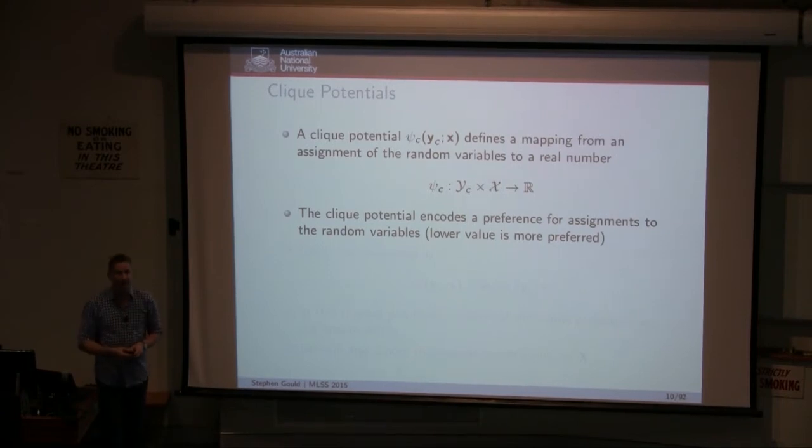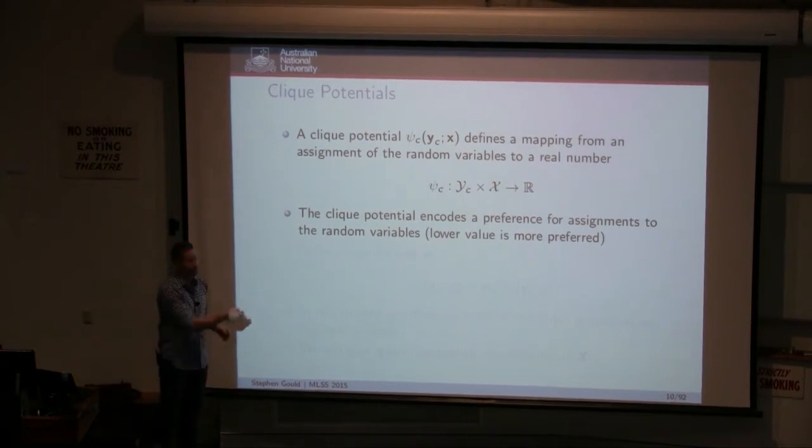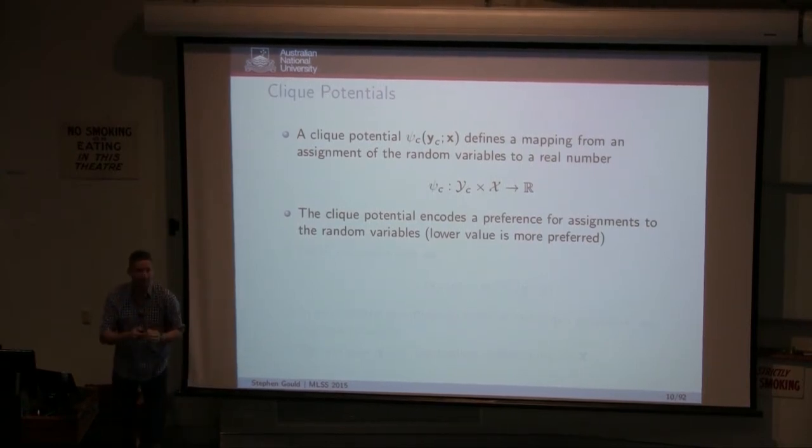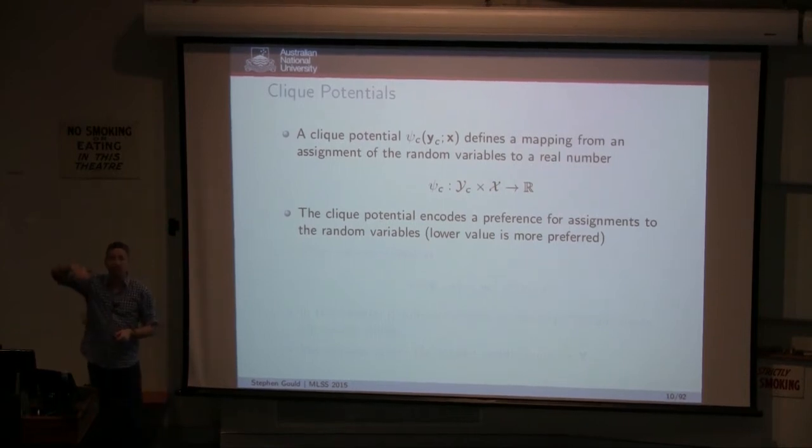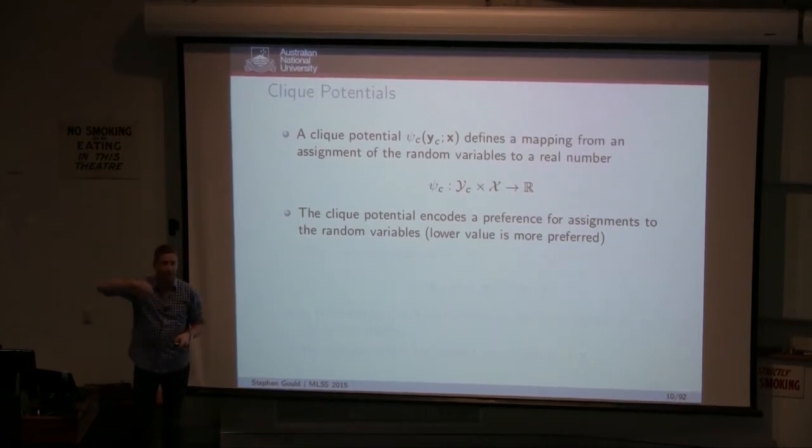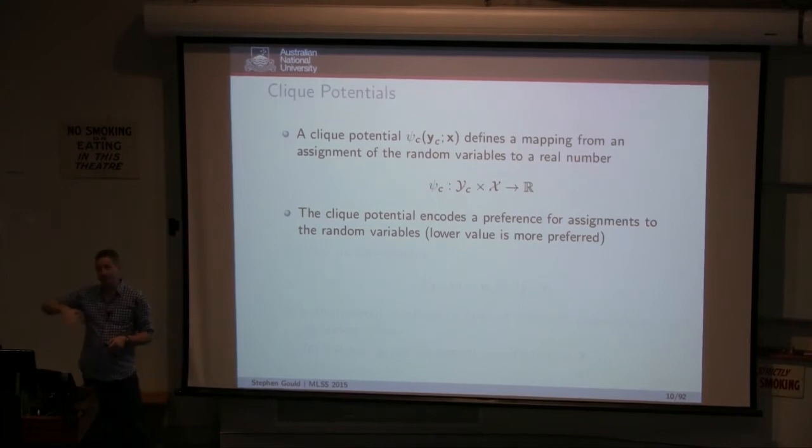So going back to the semantic segmentation problem, if I have a single pixel in an image and it's high up in the image, then it's more likely to be sky than ground, say, right? So I can define a clique potential over that single pixel, right? So in this case, it's a singleton clique. It's only got one variable in it. That gives a lower score for assigning sky to that pixel than assigning grass or ground to that pixel, okay?